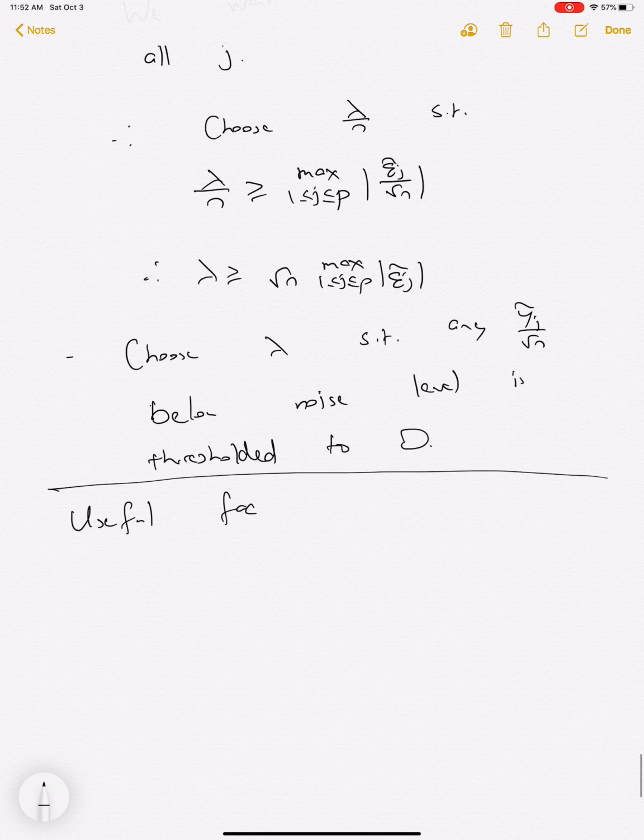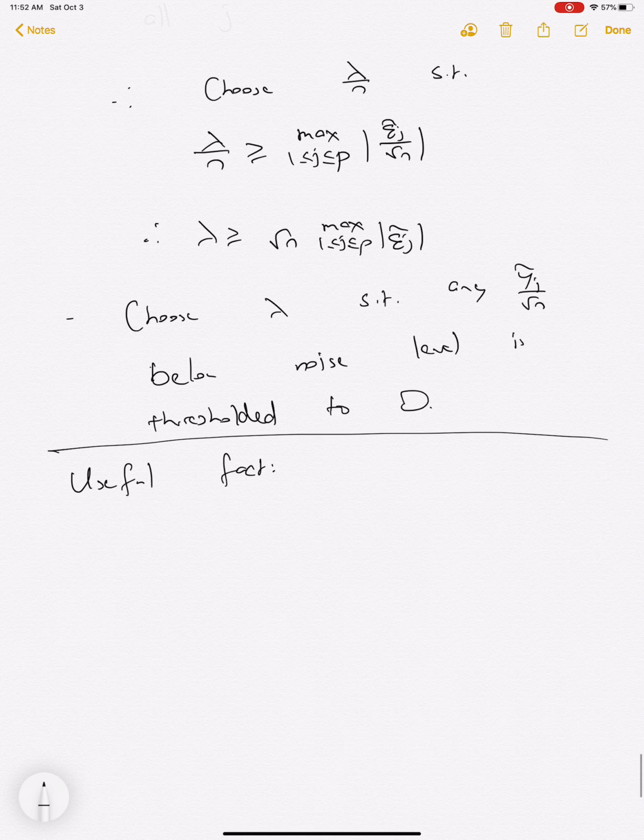I'm going to present a useful fact that you don't need to know where I got it from, or we're not really going to use this result anywhere. It's a true property that's very useful to see the mean squared error for the lasso, and how it compares to the mean squared error for ordinary least squares.